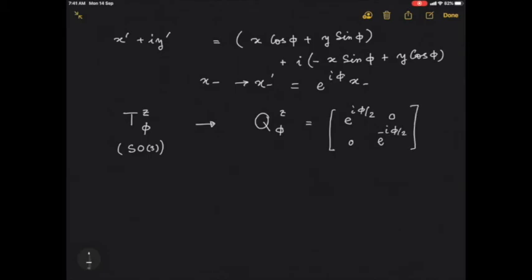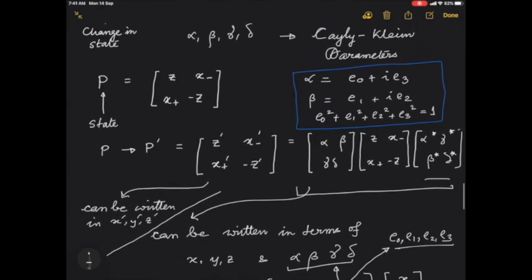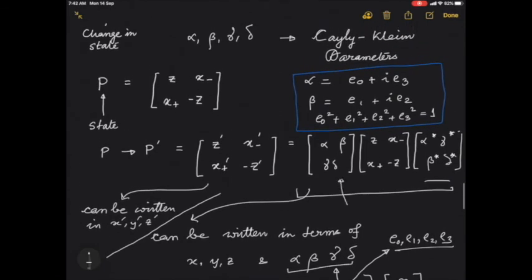How will you verify this? Well, it is simple. This is the matrix that I have to use here. If I use that matrix here, then you can see whether you get a rotation about the z axis. You know how x prime, y prime, z prime are related to x, y, z, and using that you can verify. You will see this happening.